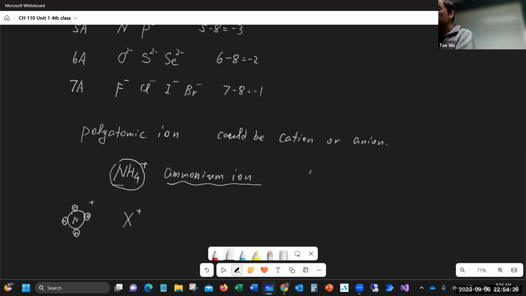In other words, if you have 2 ammonium ions, the atoms of nitrogen and hydrogen also double. So if you have 2 ammonium, you have 2 nitrogen and 8 hydrogen all together. You always look at it as one particle.